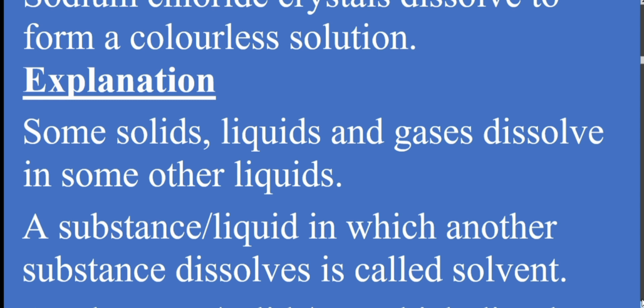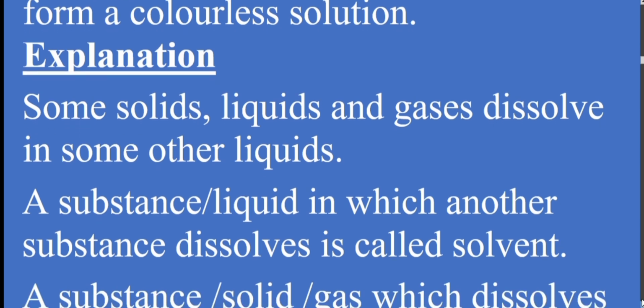Our solvent is water. The other substances, the solids that we have, in this case copper 2 sulfate, potassium manganate 7, and sodium chloride, are the substances that are dissolving in our solvent, which is water.